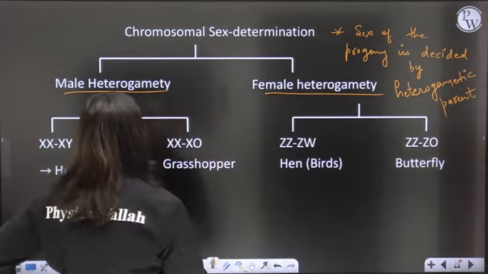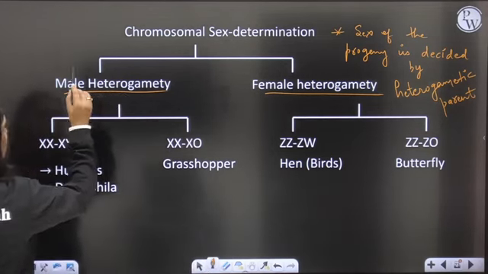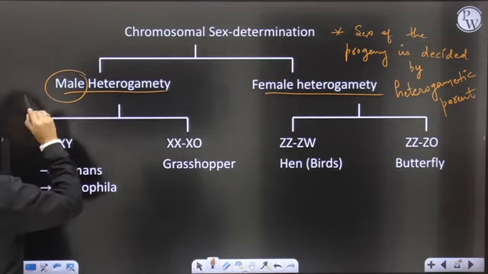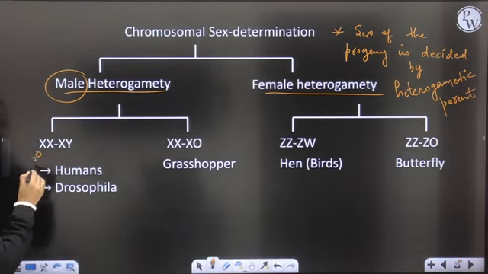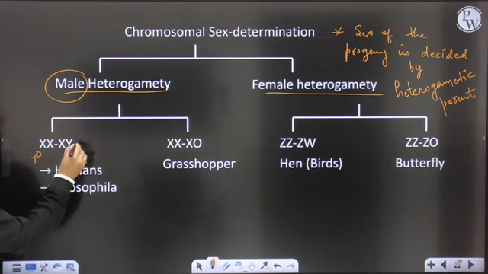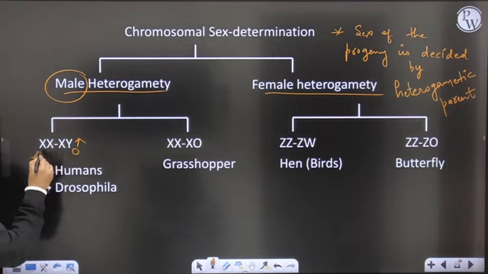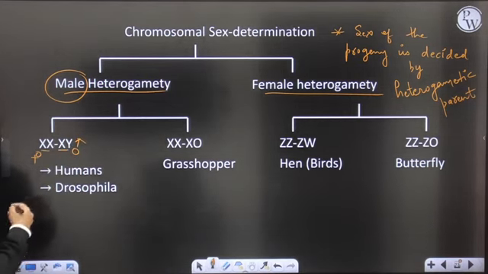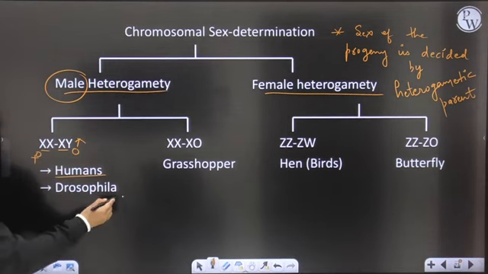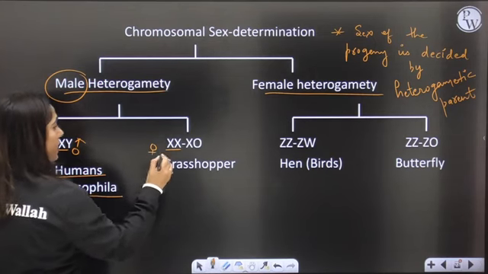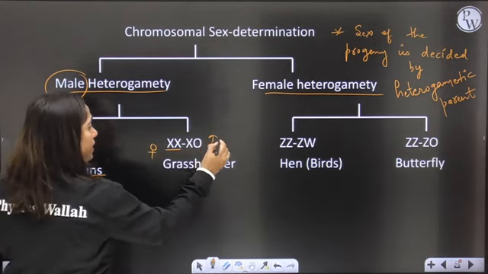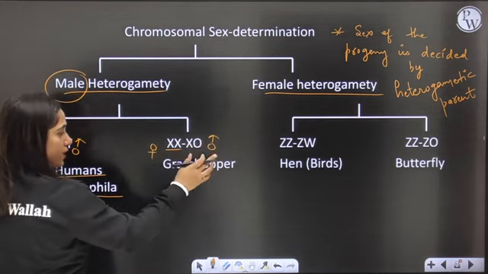So there are two cases. In the first case, males are heterogametic. The female is homogametic, and the male is heterogametic. XX-XY, as found in humans and Drosophila. XX is the female and XO is the male. XO means there is only one sex chromosome.